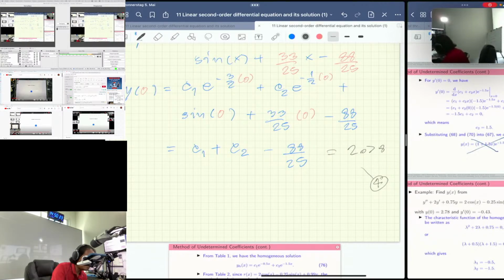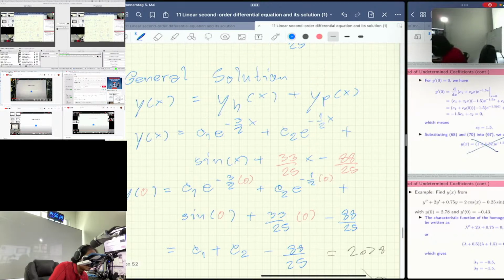And for y prime x will be, this is y(x), right? You have to differentiate it with respect to x.